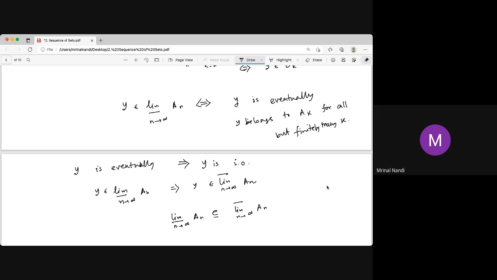Sometimes we write that the sequence A_n is increasing, we sometimes write non-decreasing. Non-decreasing is just increasing. Decreasing is non-increasing.